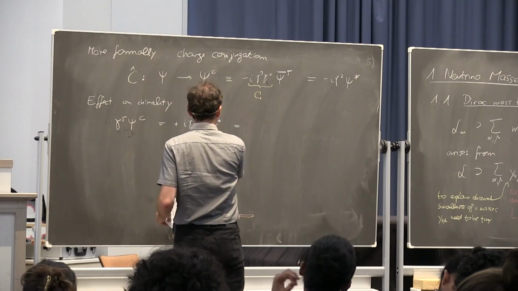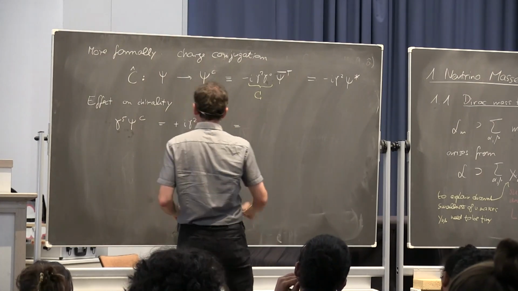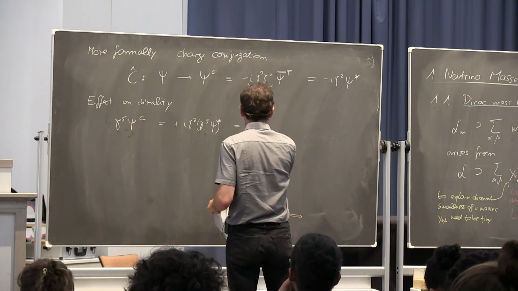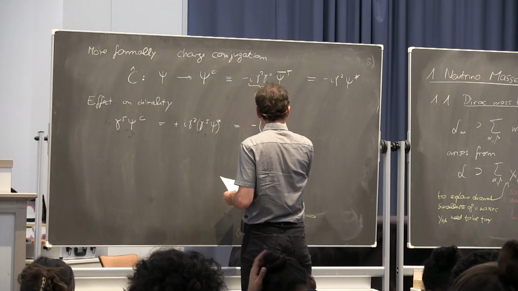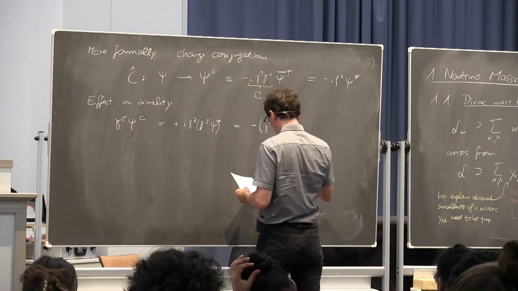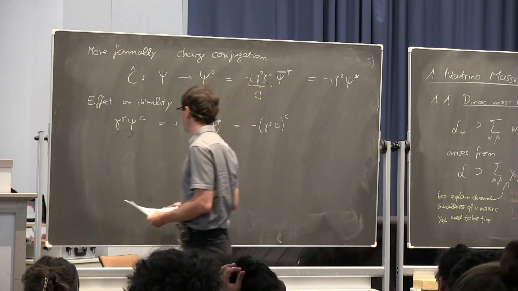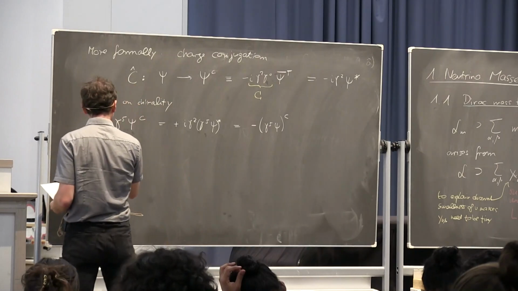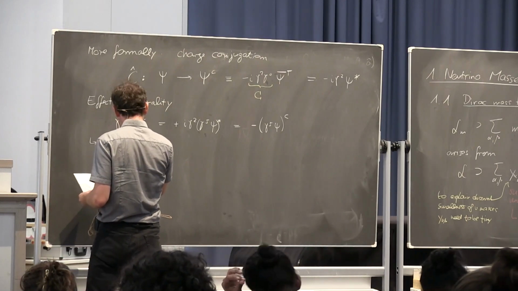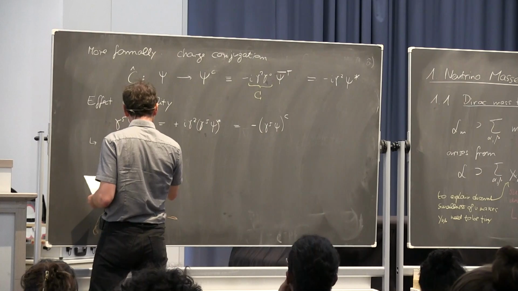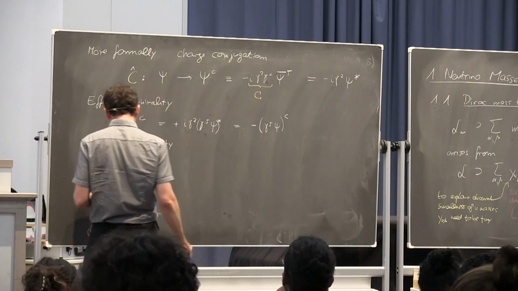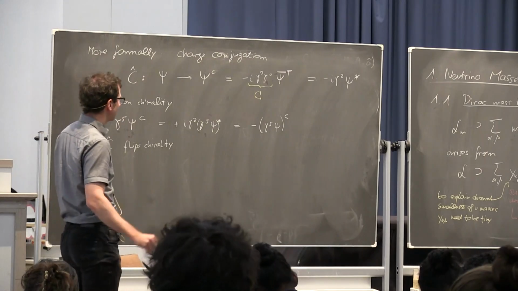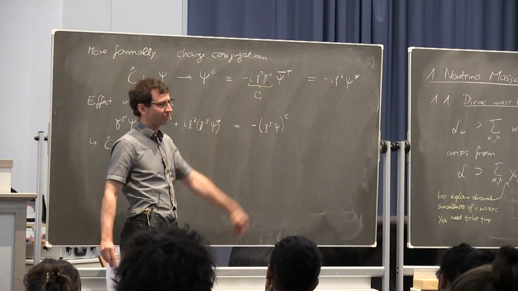So I can put parentheses here around this. And then what I have is simply minus gamma 5 psi charge conjugate. So that means that the charge conjugation operation flips the chirality. So it turns a left-handed field into a right-handed field. That's exactly what we need for our mass term.